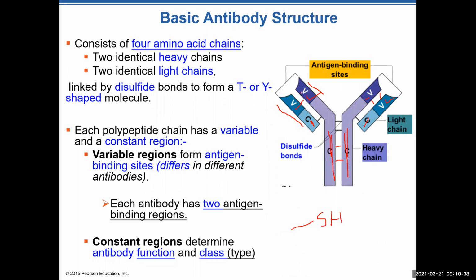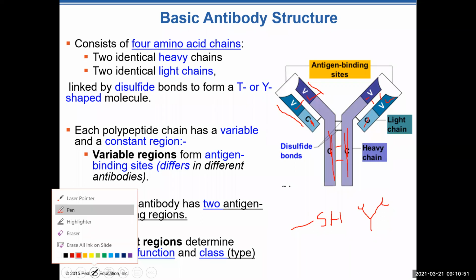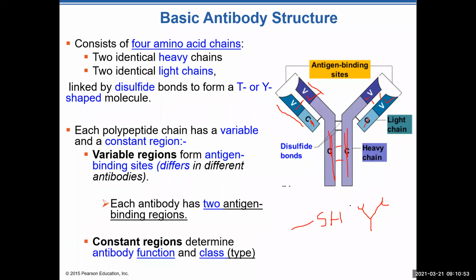And what does this variable region do? Whenever we want to show that an antibody binds to the antigen, we draw it something like this. So this is the place where the antigen can bind to the antibody.